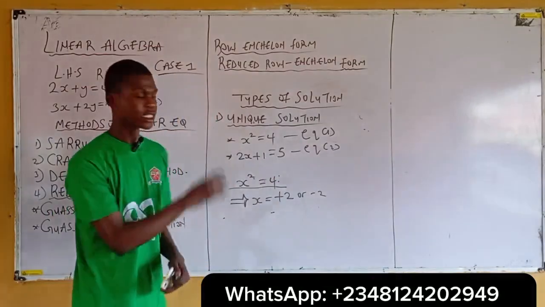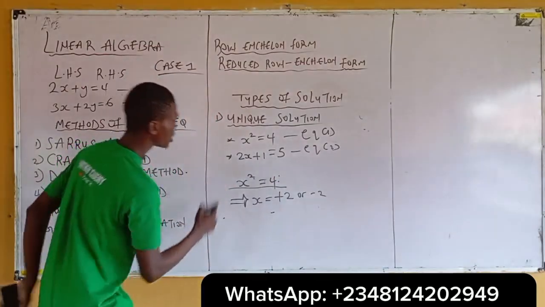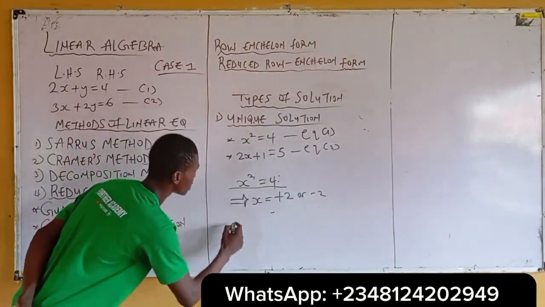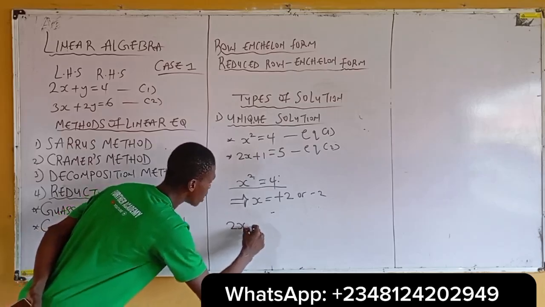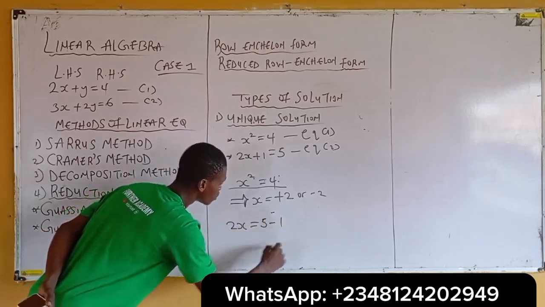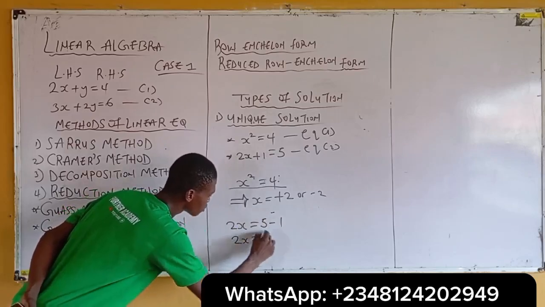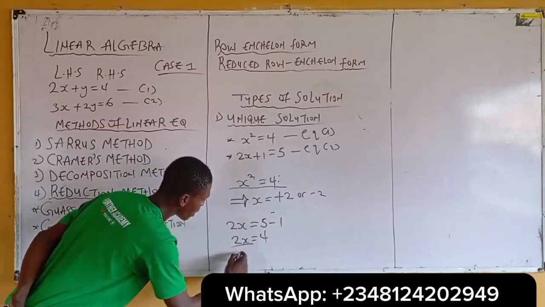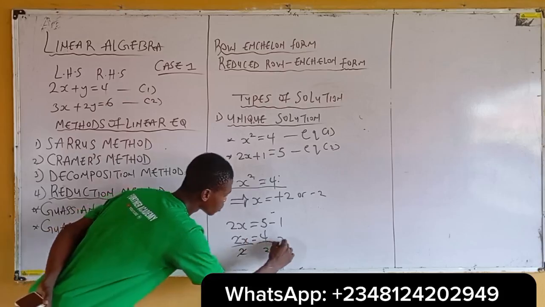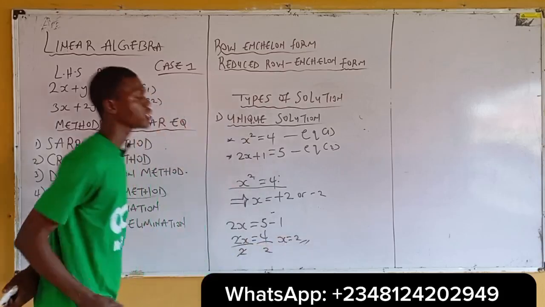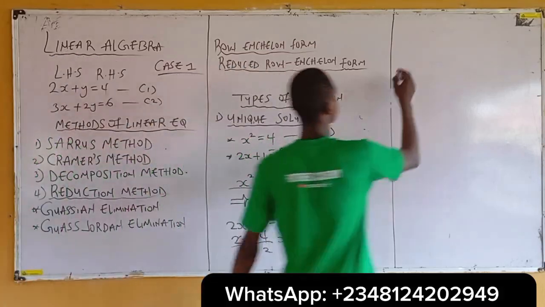Let's check this other equation. Solving with basic mathematics, you have 2x equals 5 minus 1, so 2x equals 4. Divide both sides by 2: x equals 2. Now let's do our checking.